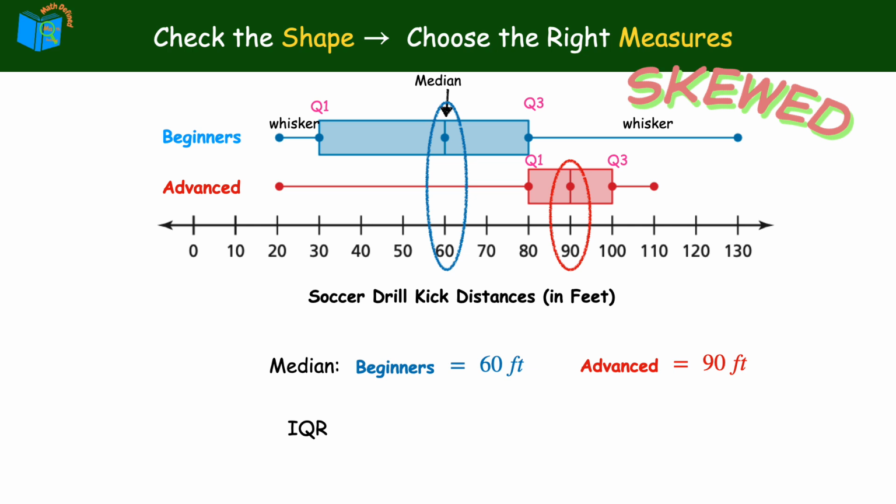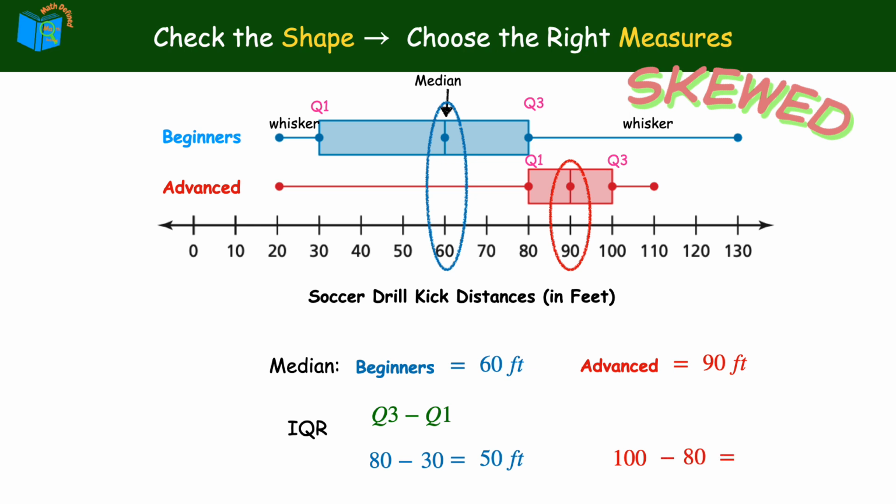Now let's look at how consistent each group is by using the IQR. We find the IQR by subtracting quartile 1 or Q1 from Q3. For the beginners, Q3 is 80 and Q1 is 30. So 80 minus 30 gives us an IQR of 50 feet. For the advanced players, Q3 is 100 and Q1 is 80.